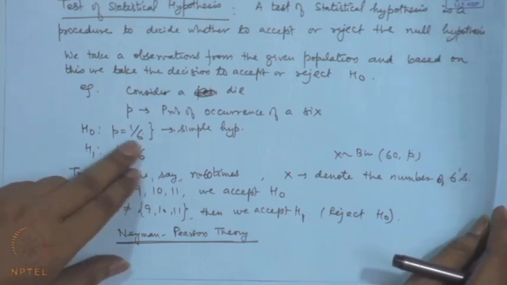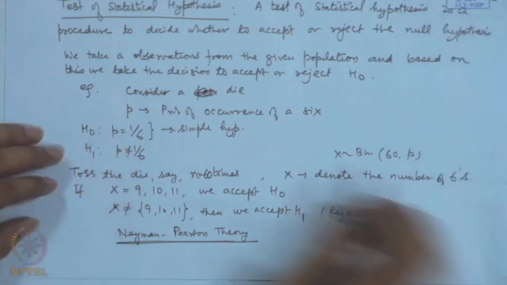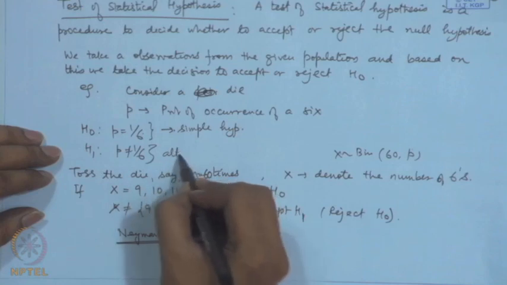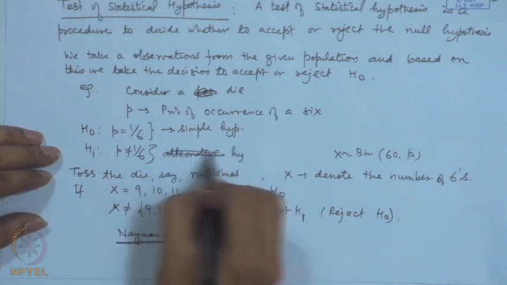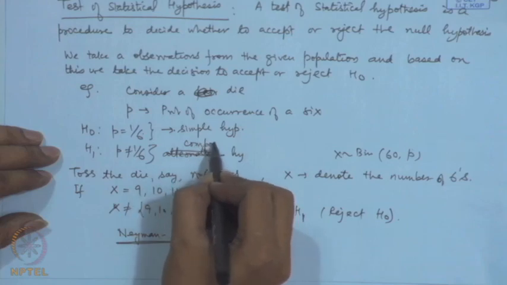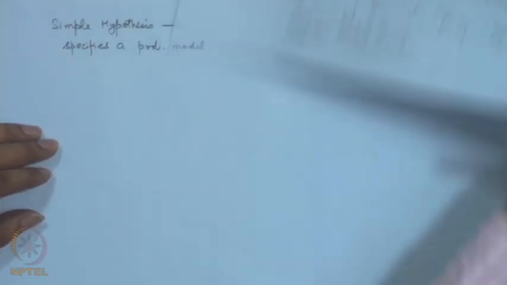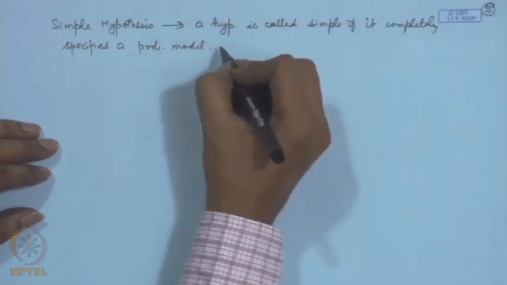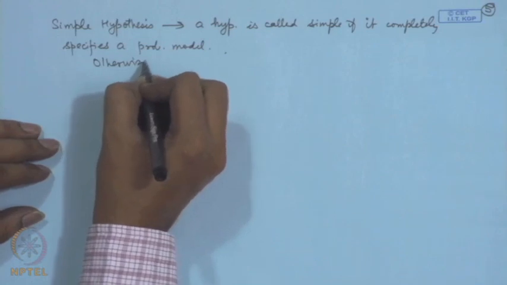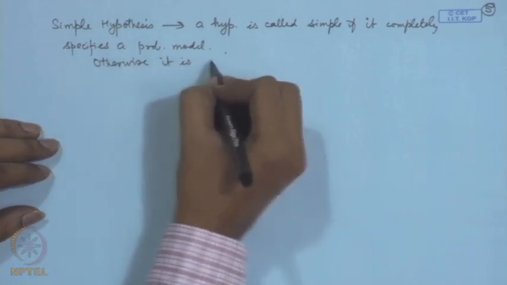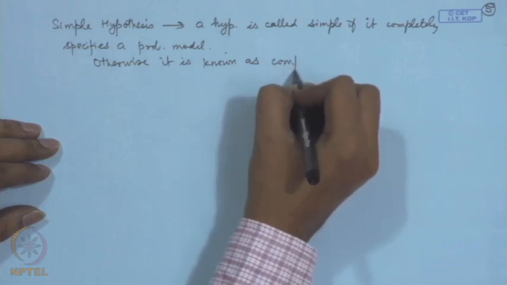For example, if you look at p is not equal to 1 by 6, then this is a composite hypothesis.